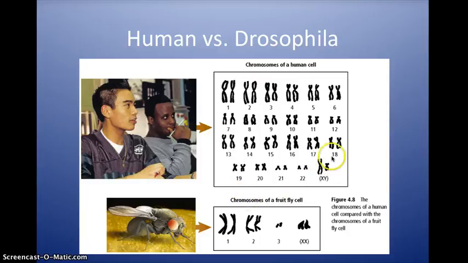If the 23rd, which is the gender chromosome, is X and Y, then the offspring will be a boy. But if it was XX, like you have down here below, then that would be a girl. And you can see from these two examples that not every organism has the same number of chromosomes. So while the human has 23, right here, the fruit fly has only 4.